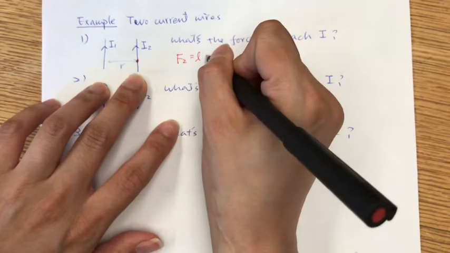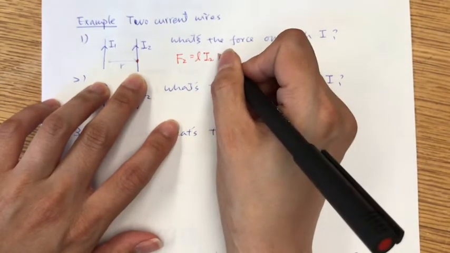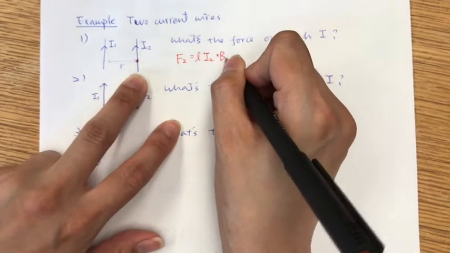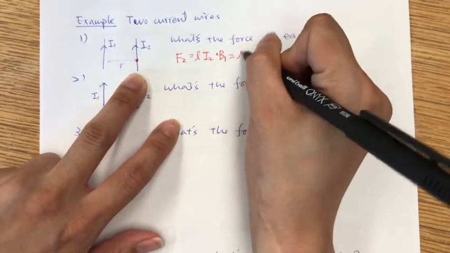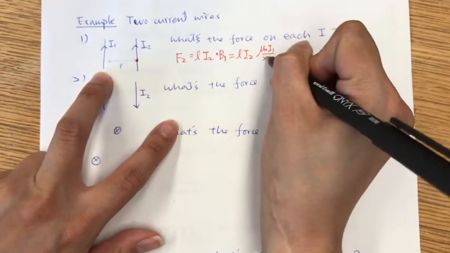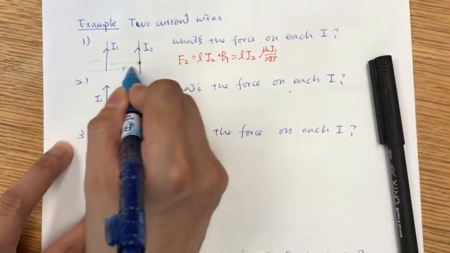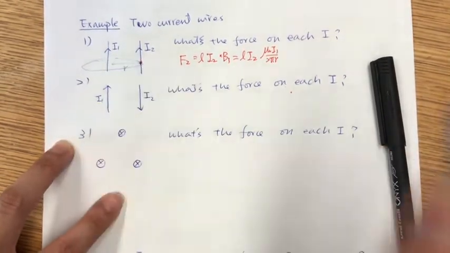So current 2 feels a magnetic field created by current 1, which is mu naught I1 over 2 pi r, because this one will create the field at this point like this.